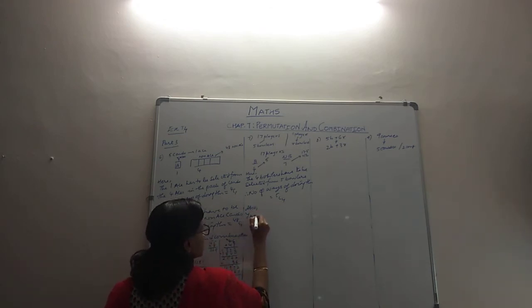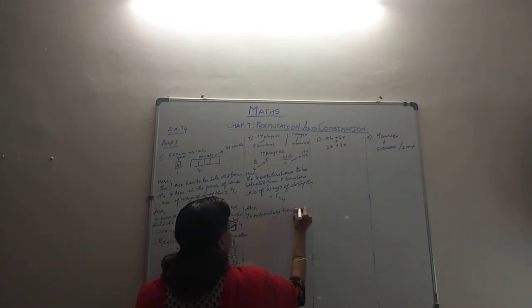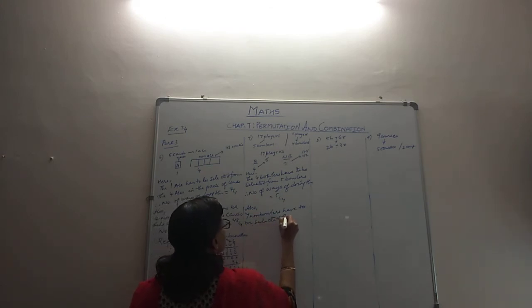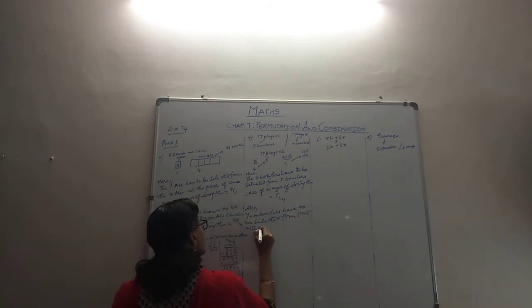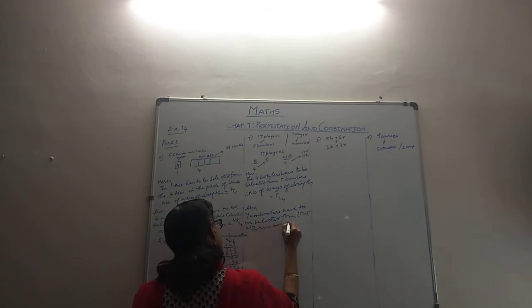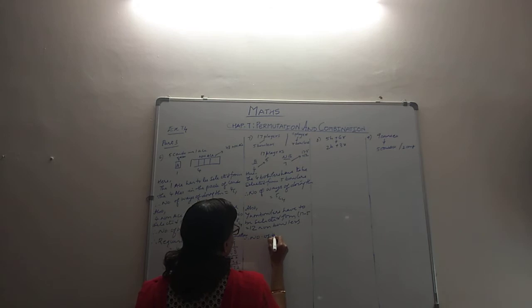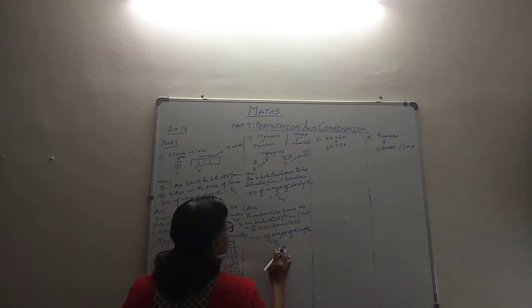Also, 7 non-bowlers have to be selected from 17 minus 5, that is 12 non-bowlers. So the number of ways of doing this is 12C5, sorry, 12C7.